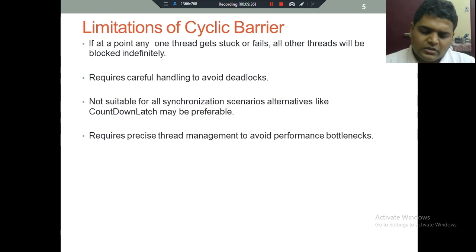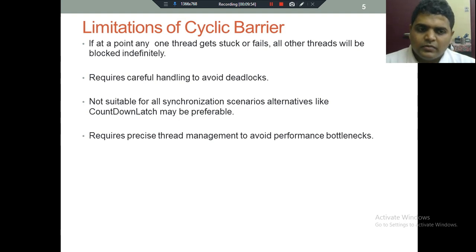In some scenarios you can use a countdown latch, in which the latch counts down, you hold the threads, and after that it releases them. It also requires precise thread management to avoid bottlenecks.